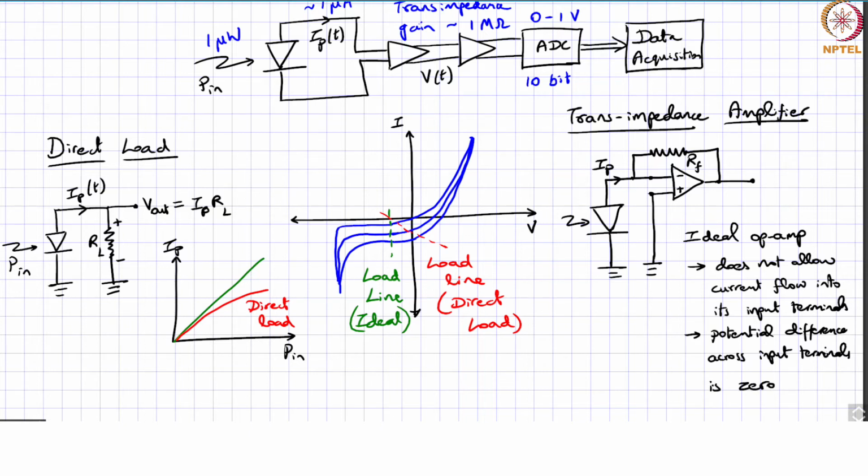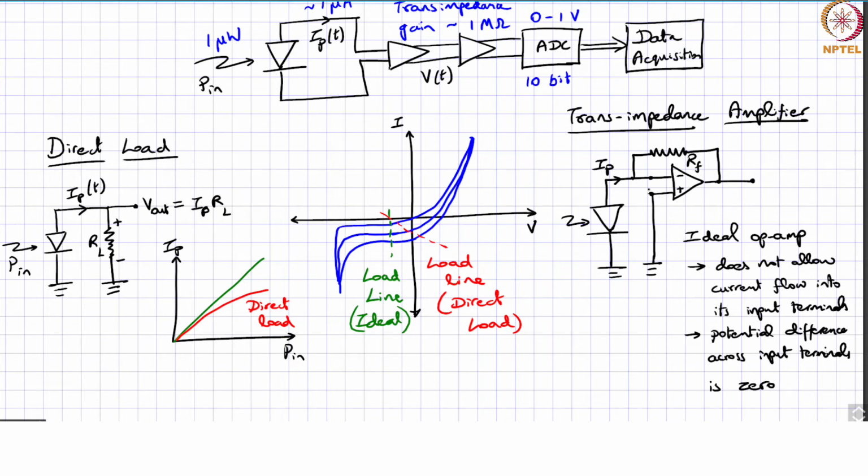So what does that mean? Because of the current flow, if it cannot go here, it goes through the feedback circuit. So there is a potential that's generated over here. Now, this is virtual ground, so there is a potential difference between these two.